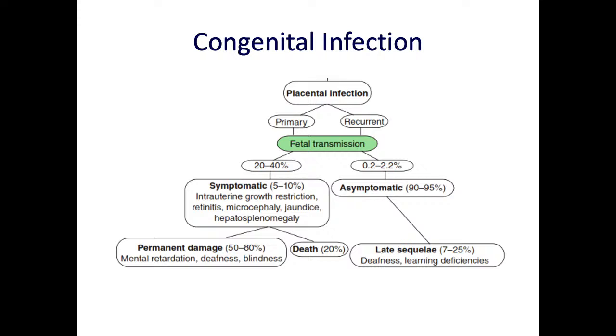And as you see, this is the statistics. When there's a primary infection of the mother during pregnancy, the risk of transmission is higher. Primary infection, you see, 20 to 40%.